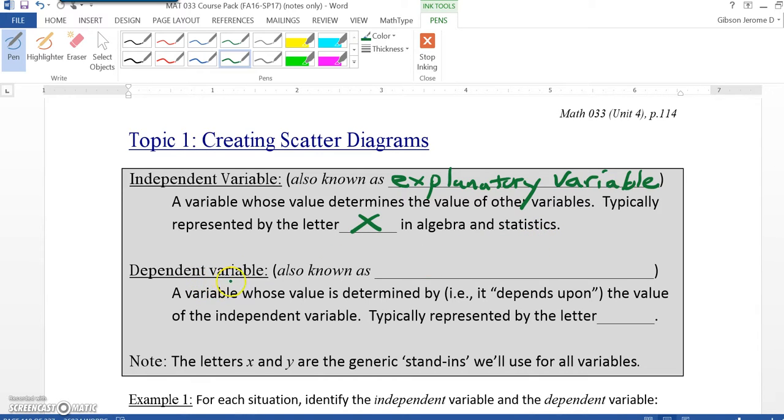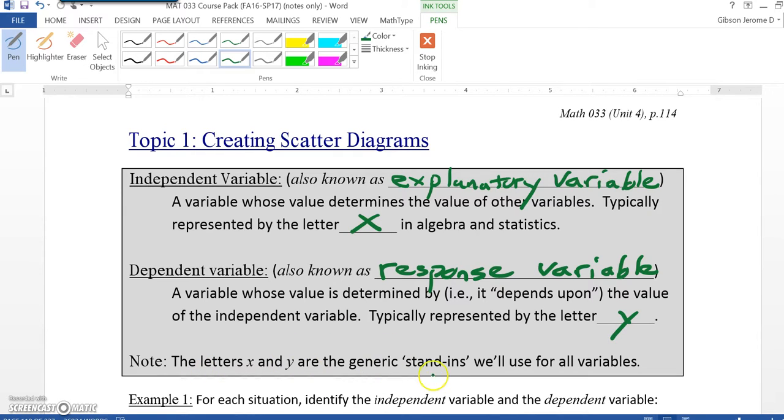We have the dependent variable, also known as the response variable: a variable whose value is determined by, i.e., it depends upon the value of the independent variable, typically represented by the letter Y.